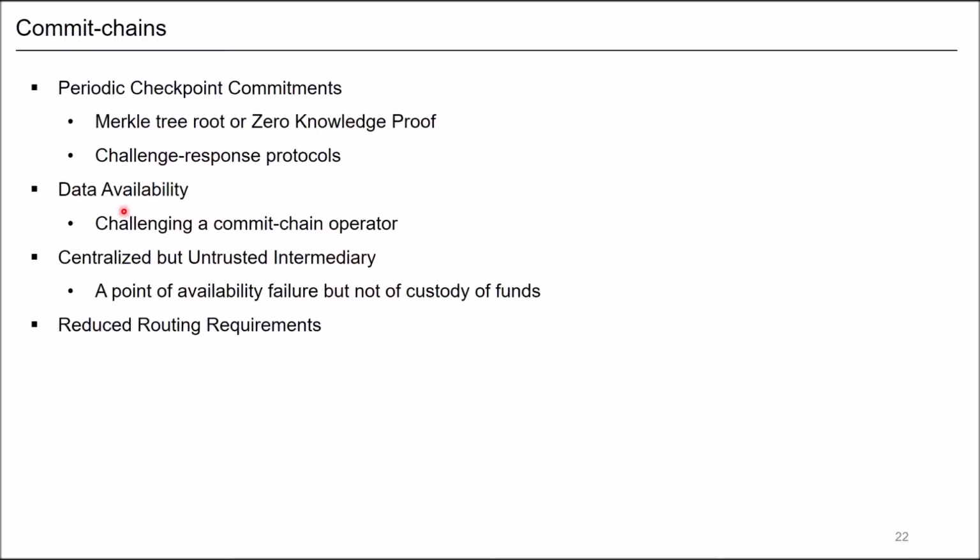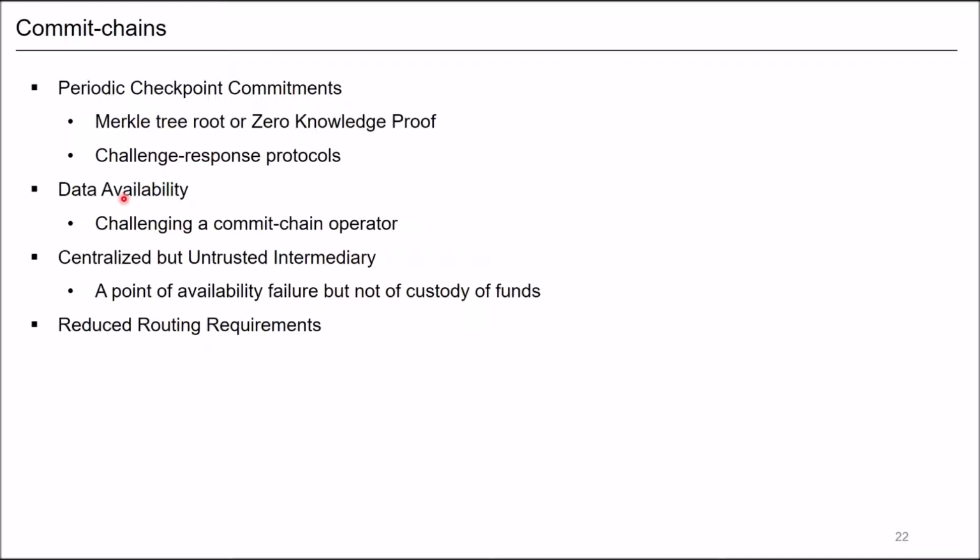And as commitment data is not broadcast for efficiency reasons, users must retrieve or maintain data required to exit the commit chain, commonly referred to as the data availability requirement.